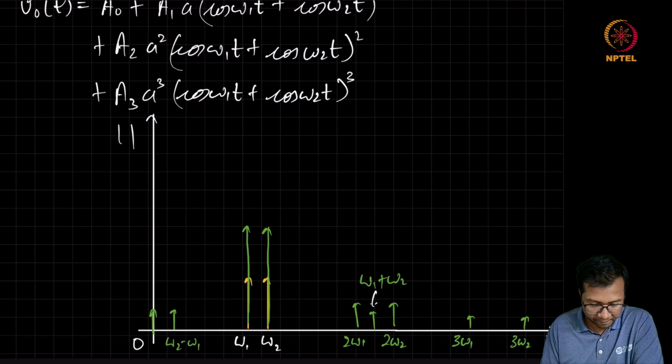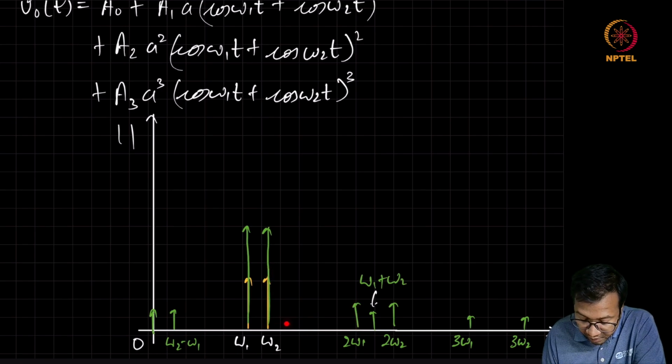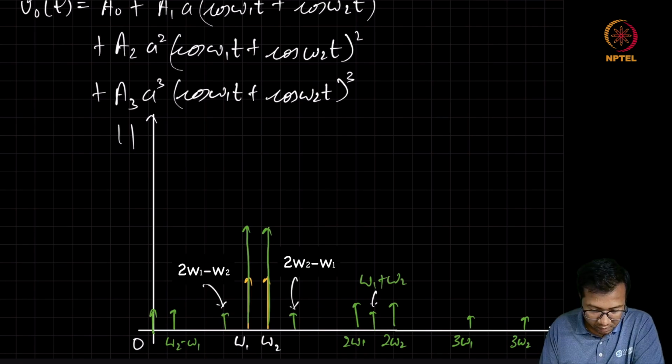If you look at 2 omega 1 plus minus omega 2, then 2 omega 1 is somewhere here, and omega 2 is somewhere here. So this difference is again very comparable to the omega 1, omega 2 frequencies. This 2 omega 1 minus omega 2, for example, we are going to get somewhere here. And this difference, delta omega, is the same as the spacing between the two tones we started with.